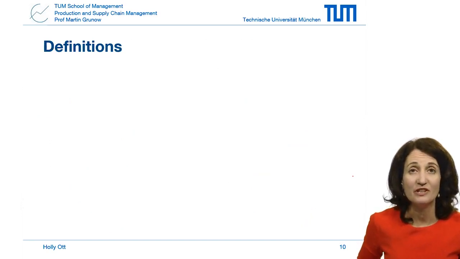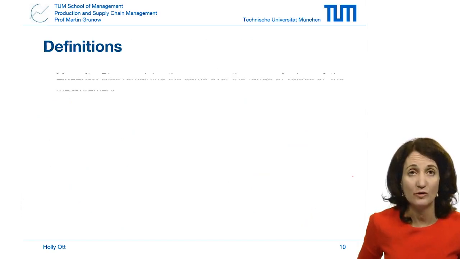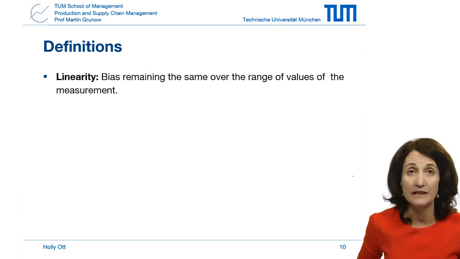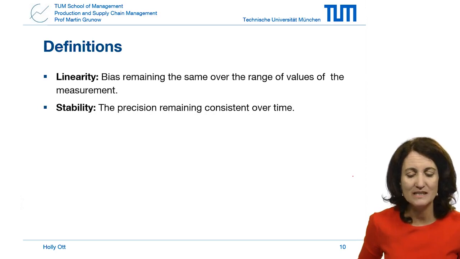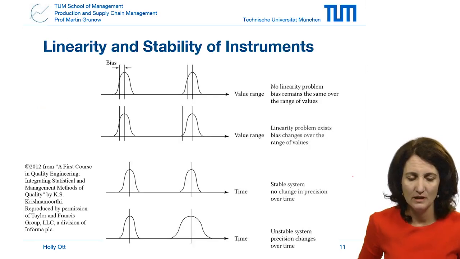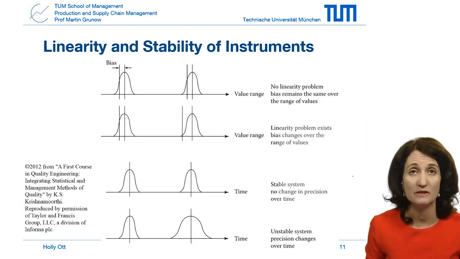So a few more definitions. We also have two other properties of instruments, linearity and stability. Linearity refers to how the bias remains the same over the range of possible values of the measurement, whereas stability refers to how the precision of an instrument remains consistent over time. Here we have again some pictures of stability and linearity.